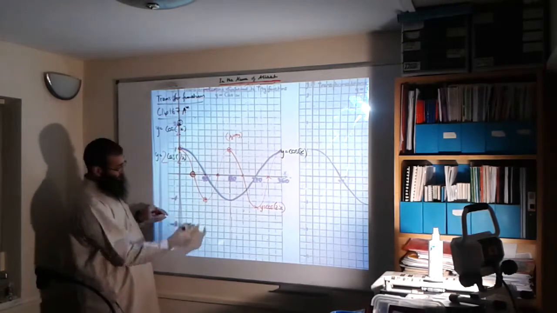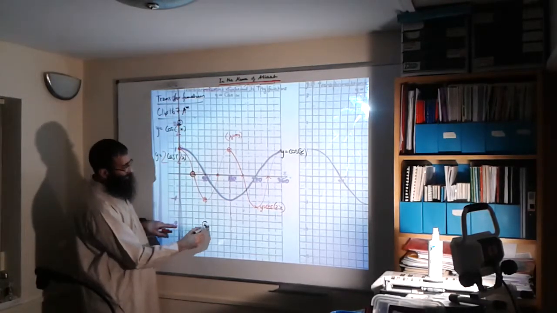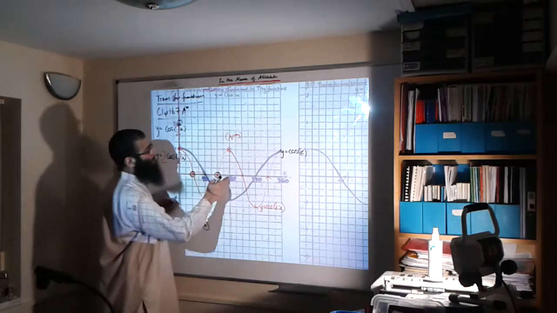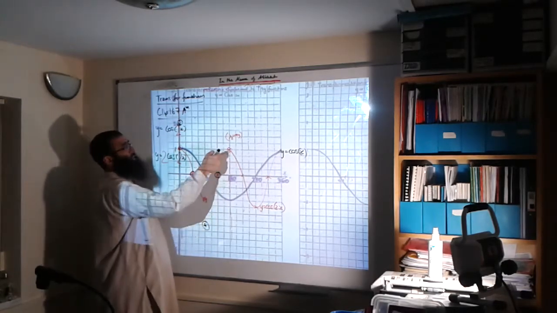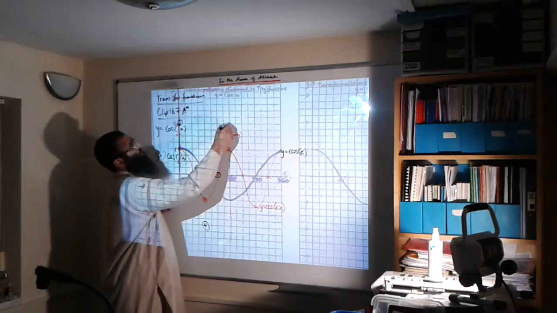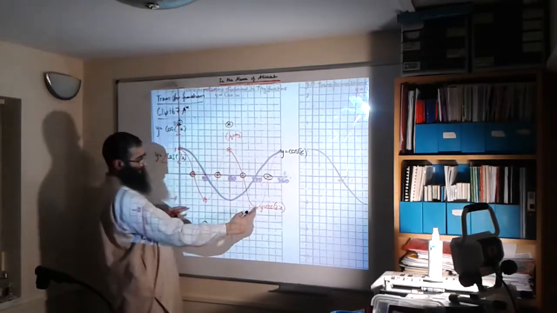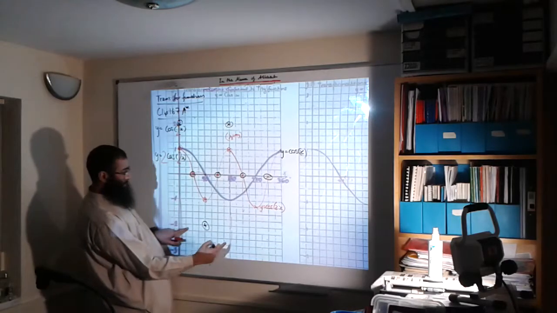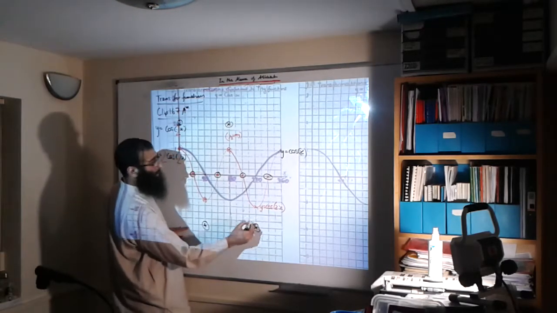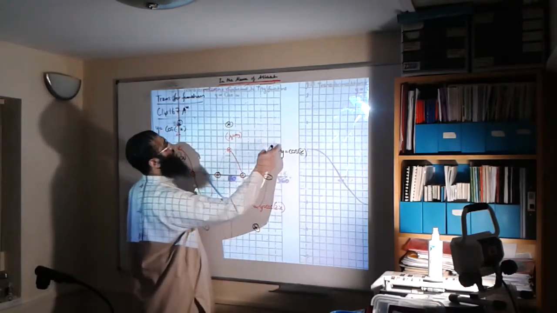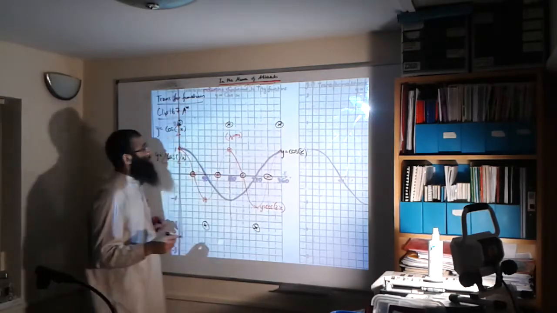The minus 1 point goes to minus 2. The height of 1 now goes to a height of 2, and the minus 1 goes down to minus 2.